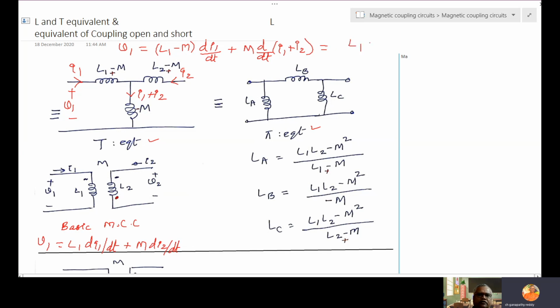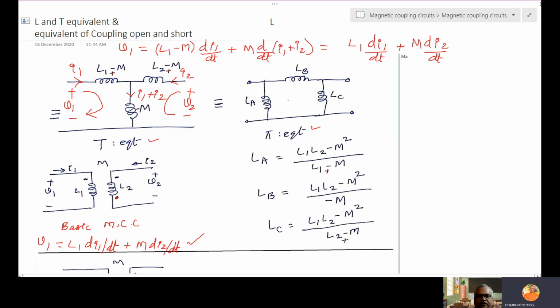So what do you get? L1 di1 by dt plus M di2 by dt will come. So this equation is the same. The same way, if you write the equation here, you will get the other one. So that's why this is called a T equivalent.